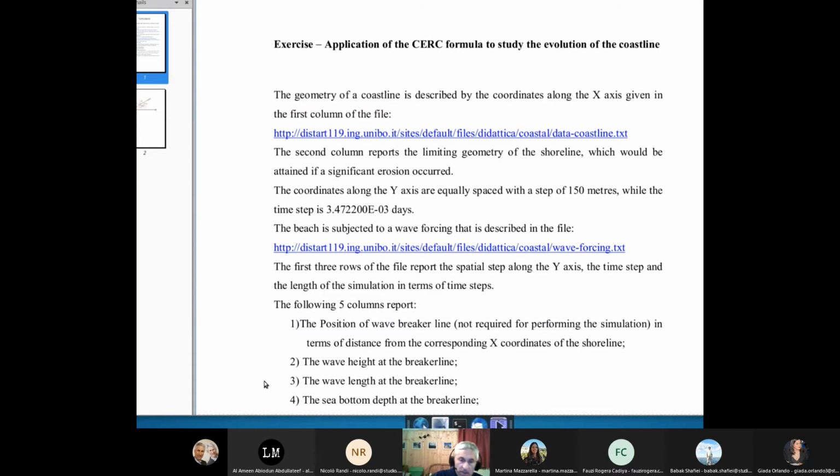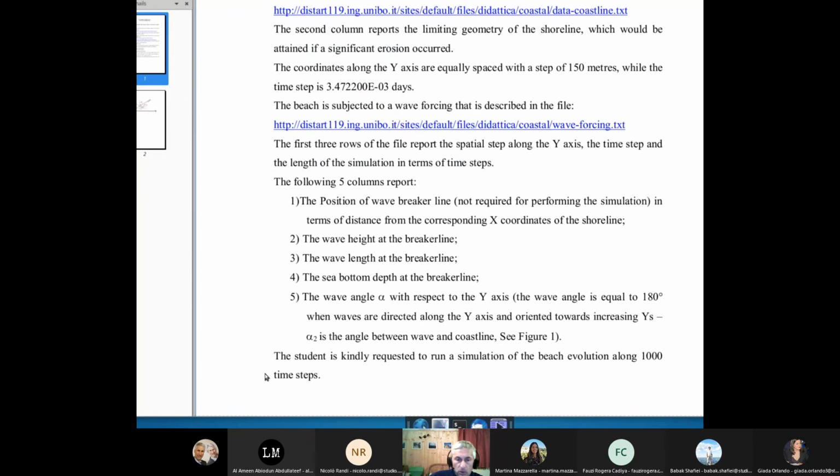Third column, the wavelength at the breaker line. Fourth column, the sea bottom depth at the breaker line. Fifth column, the wave angle alpha with respect to the y-axis. And there is an explanation here of what is the meaning of that wave angle.